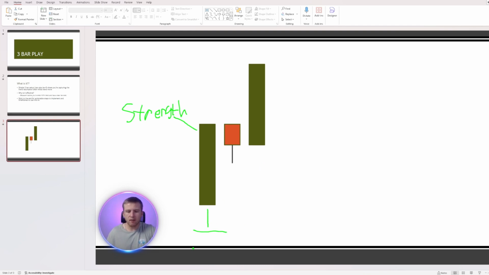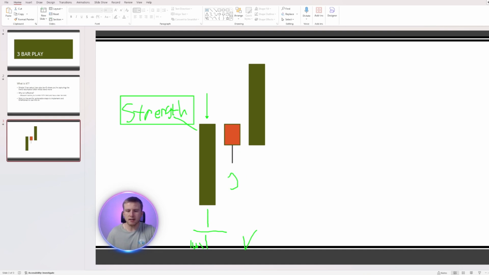So let's say volume's like this, and then you get a huge surge in volume on this bar right here, then that is going to be much better. That is one of the actual tips that I have for you: look at the volume when you get this strength, because a majority of people will just skip out on the volume and wonder why that 3-bar play didn't work at all. So the first bar, you want to see a lot of strength.